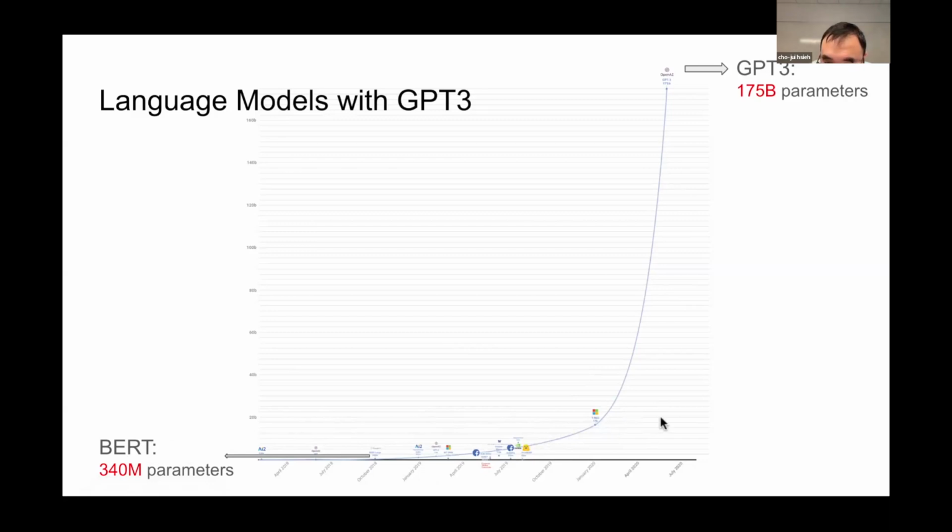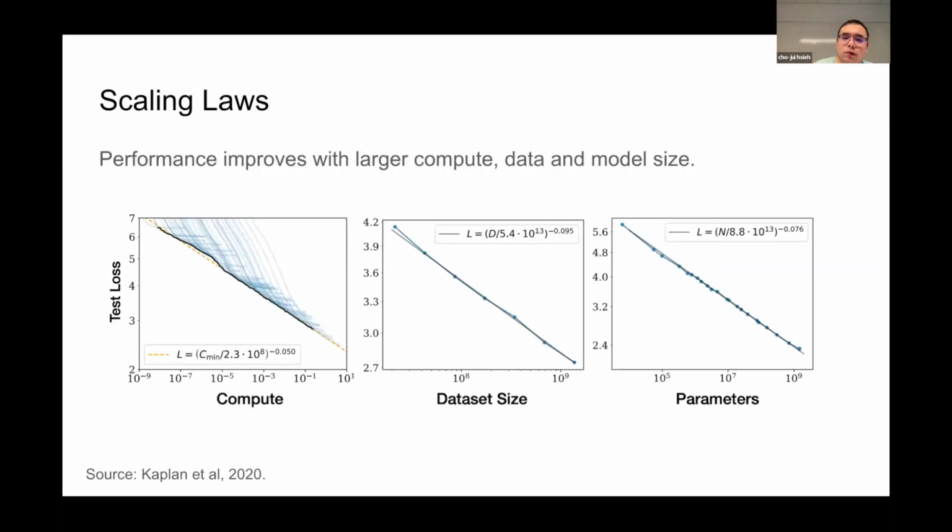And around 2020, OpenAI trained the GPT-3 model, which increased the size of parameters by a lot. And at that time, we didn't know whether this is useful or not. But when GPT-3 was released, they showed some very strong capabilities.